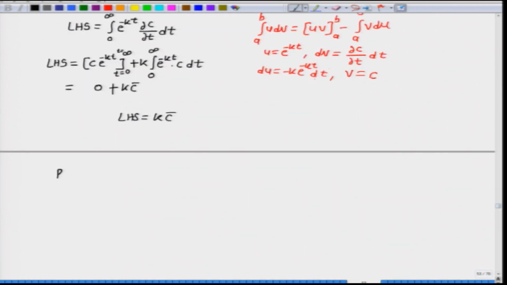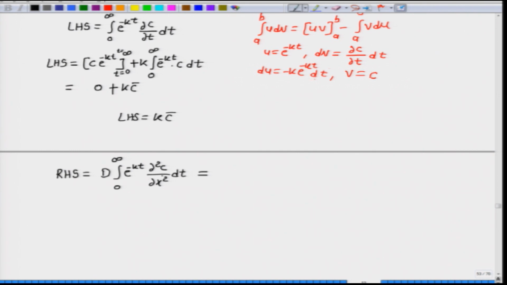Now, let us look at RHS, which is equal to D integral 0 to infinity e to power minus k t dou 2 c by dou x 2 dt. Just like we did for the previous problem, e to power minus k t is independent of x.